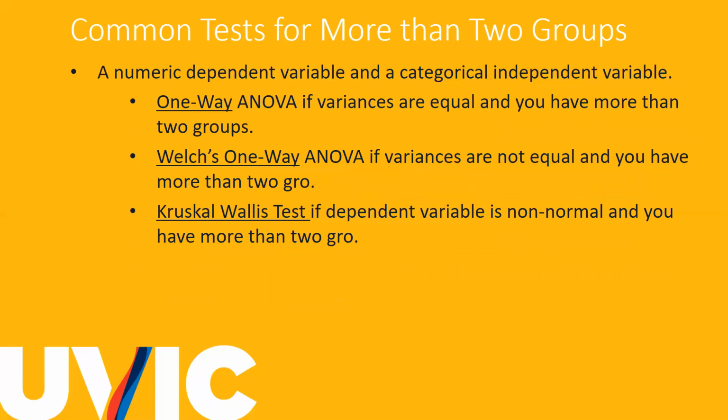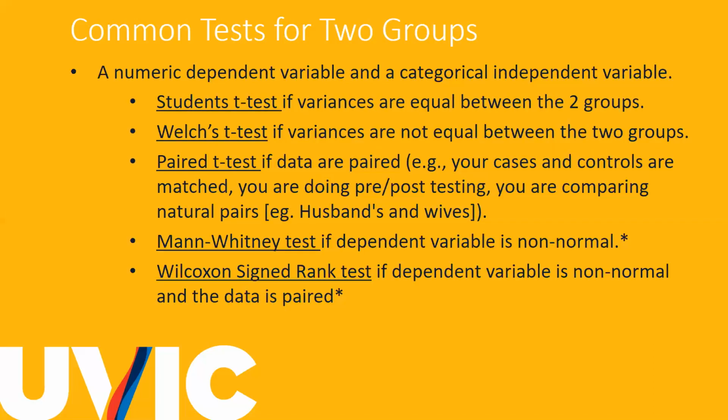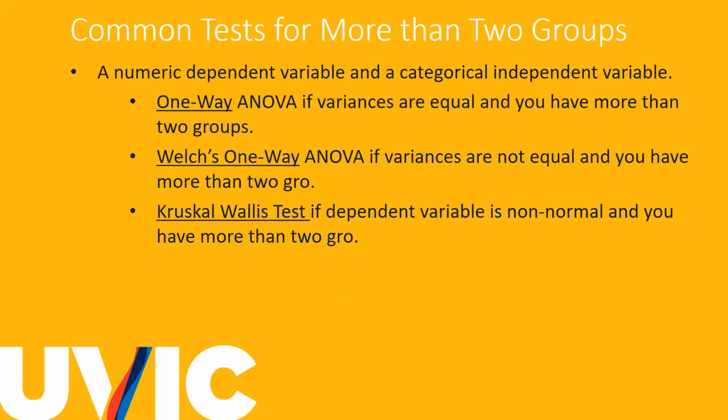So then if your outcome is a numeric dependent variable and a categorical independent variable, in those cases, that's slightly different if you've got more than two groups. Those previous examples were just two groups. But if you've got more than two groups, then you can use one-way ANOVA if your variances are equal.